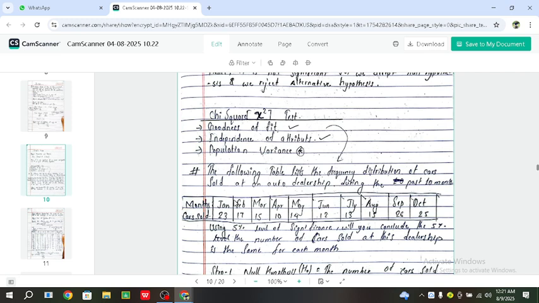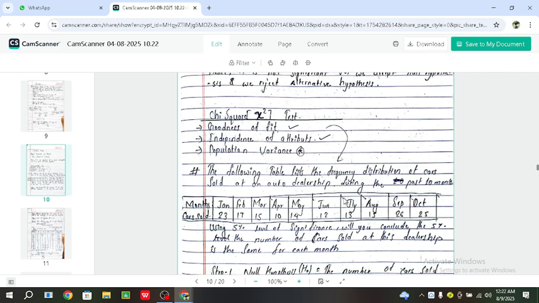It is very easy to identify from the table. If there are only two rows, you have to understand that it is goodness of fit.